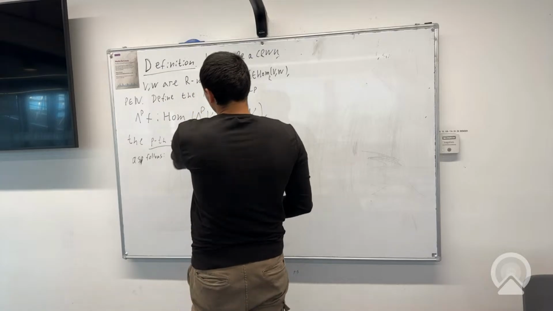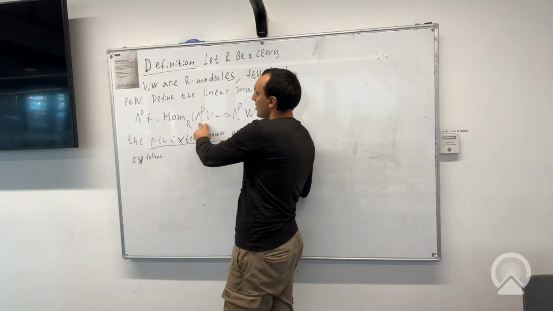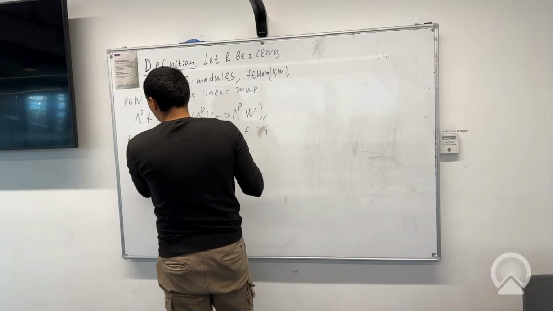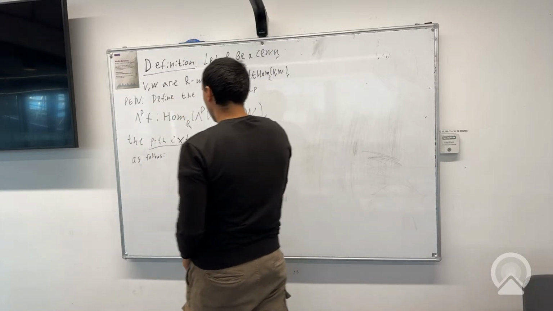So the elements of this space are sums of monomials, so I will just write for monomials.